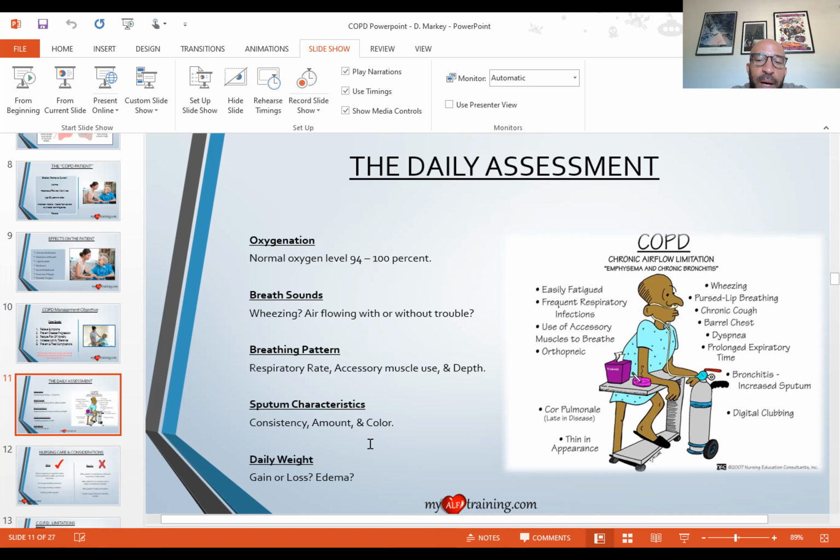Also, we talked about COPD patients and how they have excessive phlegm. So we want to note their cough pattern, and we also want to know if they do have phlegm. What's the consistency of that phlegm? The amount and the color. Patients with COPD are more prone to getting respiratory infections.